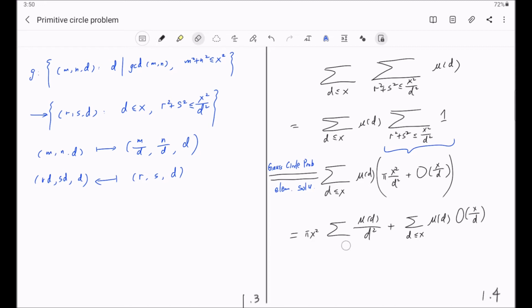Here I don't have to emphasize that d is greater than or equal to 1. We assume that d is always a positive integer, so we don't have to put that. And now we'll play with them separately.